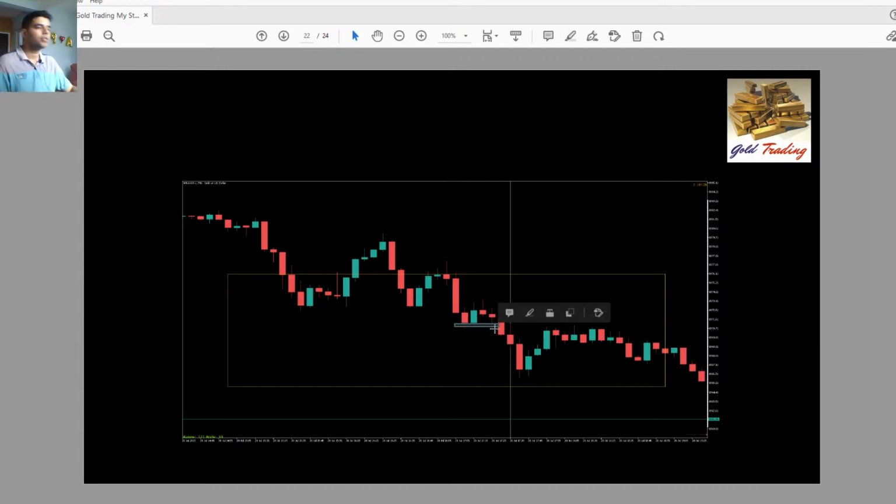So we wait for the price to breach below it and close below it, and this 5-minute candle breaches below it and closes below it, so this is our confirmation candle. We take the trade at the break of the low of this candle.